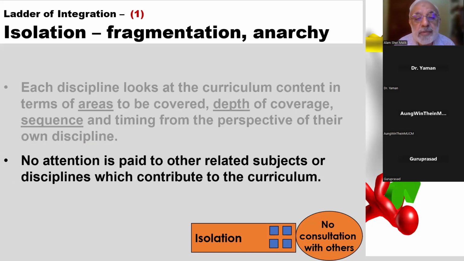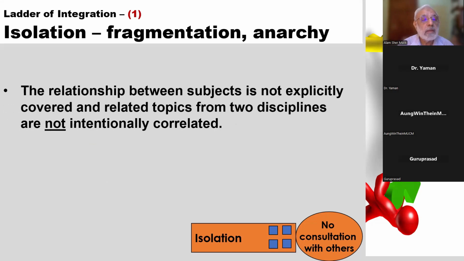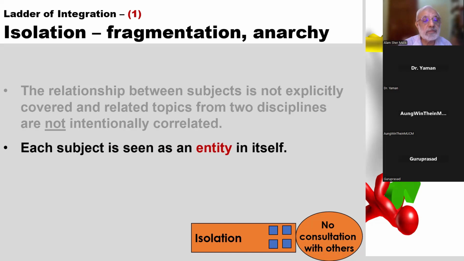No attention is paid to other related subjects or disciplines which contribute to the curriculum. The relationship between subjects is not explicitly covered, and related topics from two disciplines are not intentionally correlated. So completely fragmentation, completely in isolation.